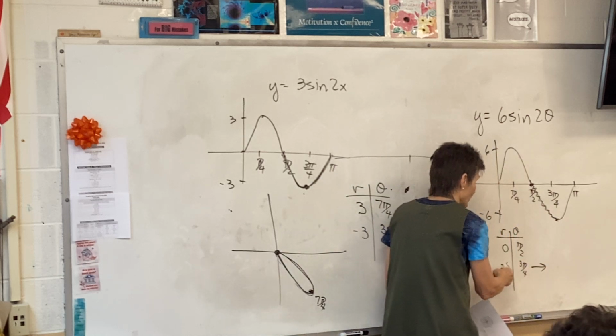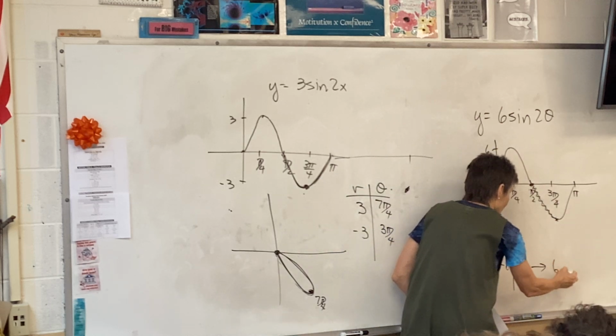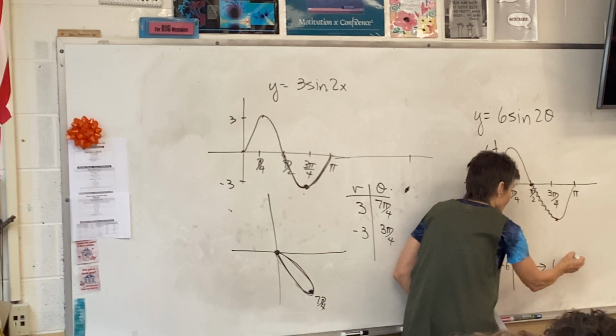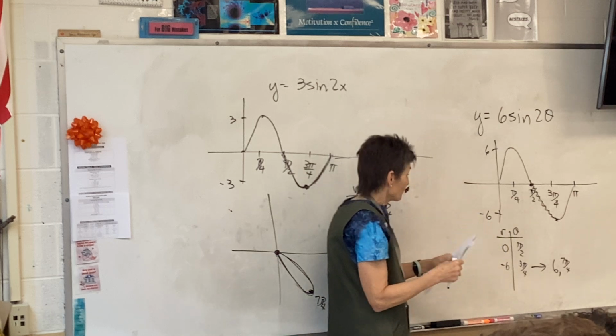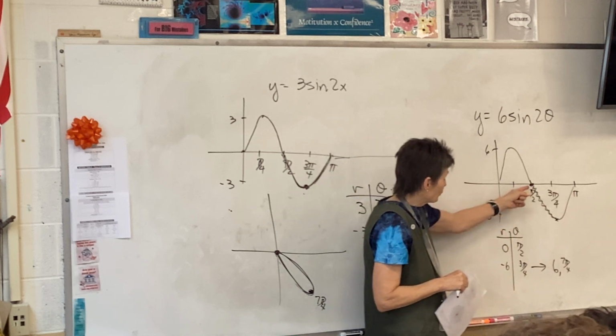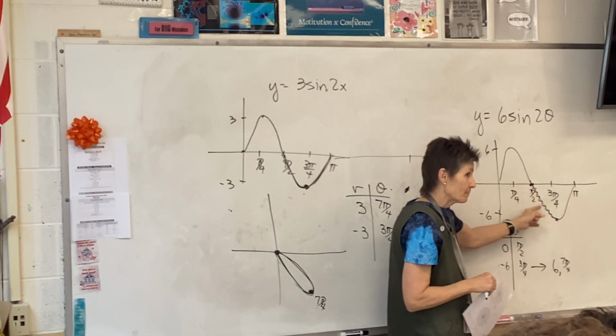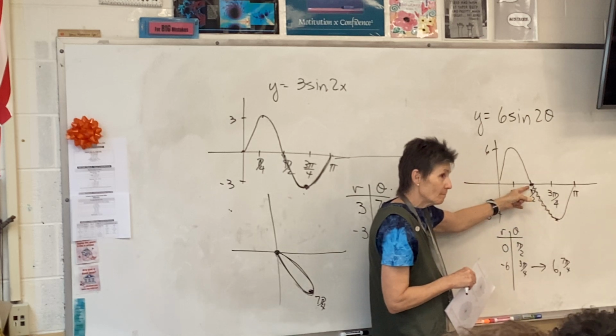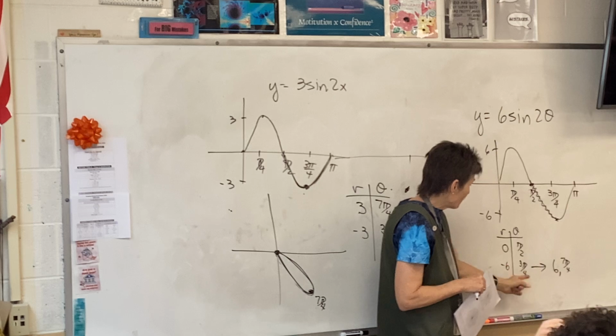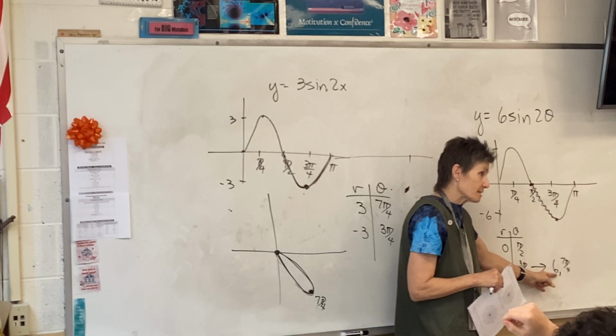Where is that point gonna end up being plotted? At 6, 7 pi over 4? So look at your picture. You have a point at the origin. You're going from here to here, according to the problem. You have a point at the origin, and you're moving to 6.